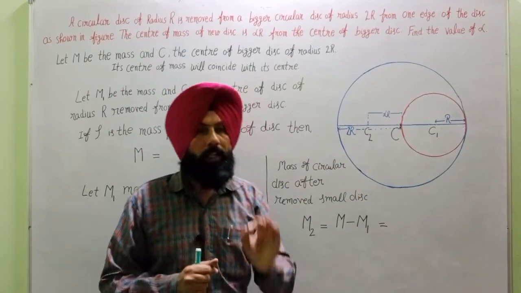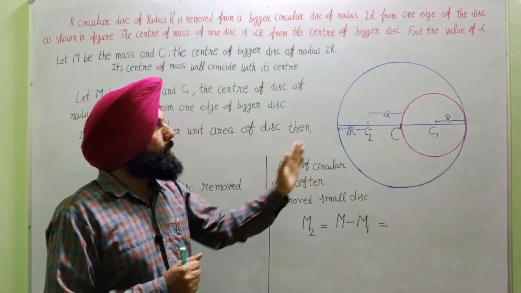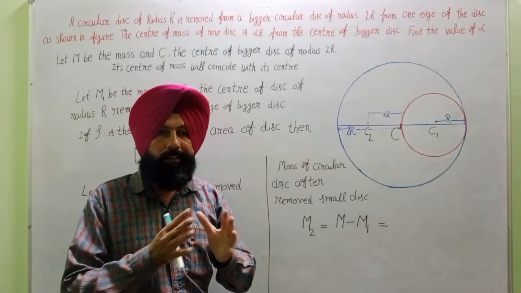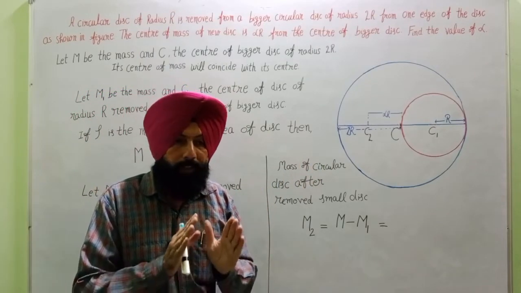First of all we want to find the mass of these two circular disks.